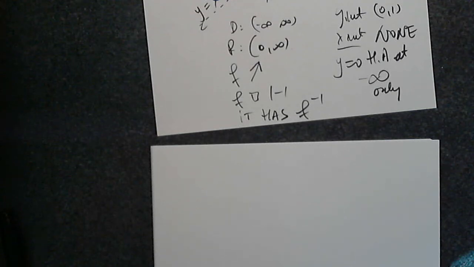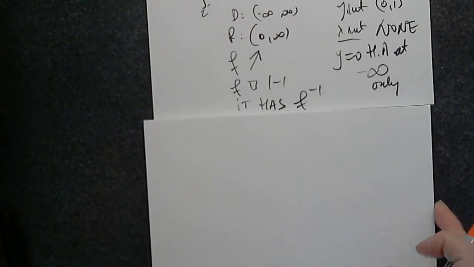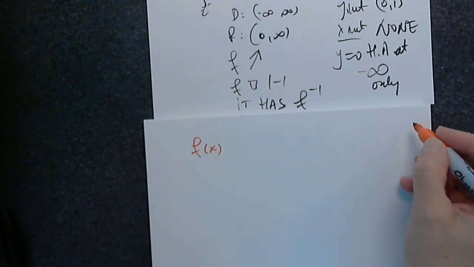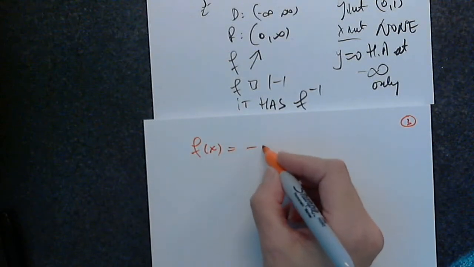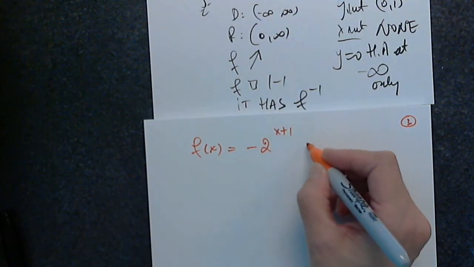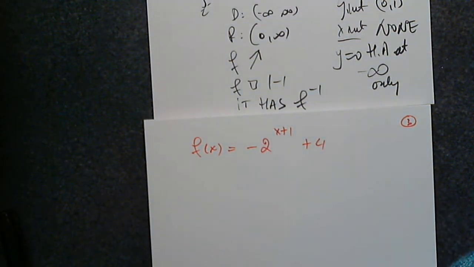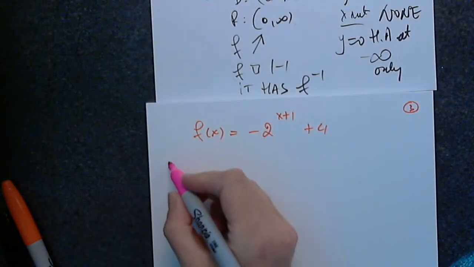This is the next one on the list, 2 to the x. So I'm going to create a function like f of x equals -2 to x plus 1 and plus 4. We're asked to graph using transformations and determine the x and y-intercepts algebraically. So this is our example.